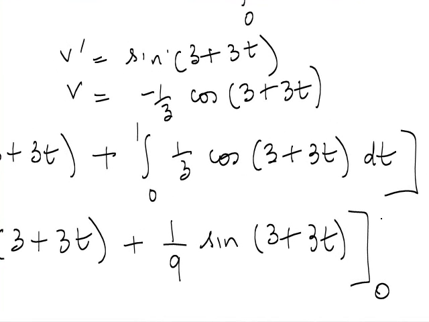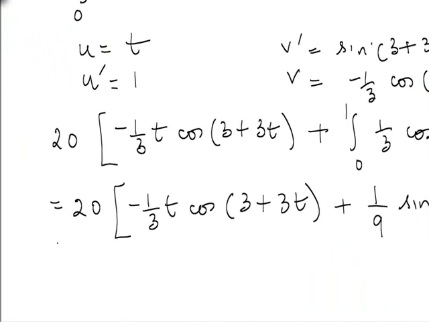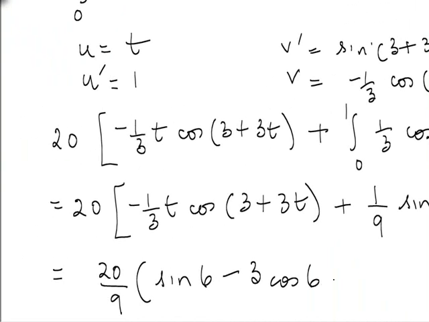And we have the limits of integration 0 to 1. And when you work this out, you will get 20 over 9 times (sine 6 minus 3 cosine 6 minus sine 3). Please leave all your answers in forms like these. Don't evaluate and round off. Just leave it alone.